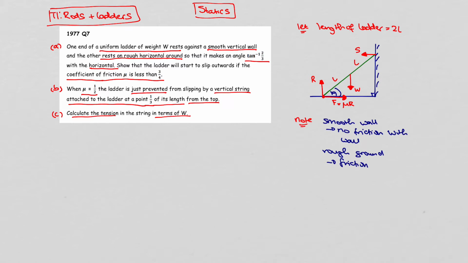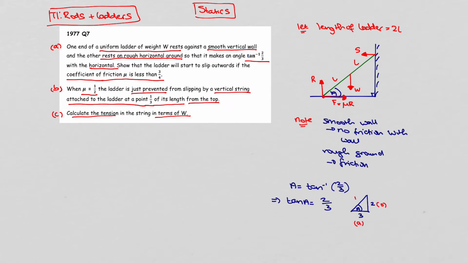Now the second thing we have to look at is the fact that we're given our angle with respect to the ground is tan inverse of 2/3. So that means that tan A must equal 2/3. If I do my little right angle triangle, I have opposite over adjacent.